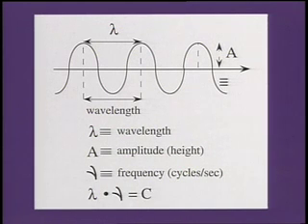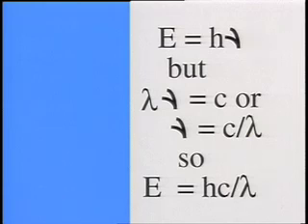Sure, we can have many such photons, all of the same frequency or wavelength, but the total number of these photons is the intensity of the light, and each individual photon has the same energy given by h nu. And since we know that lambda, the wavelength, times nu is c, the speed of light, we can also say that the energy is h times c over lambda. So we can figure out the energy of a photon if we know its wavelength or its frequency.